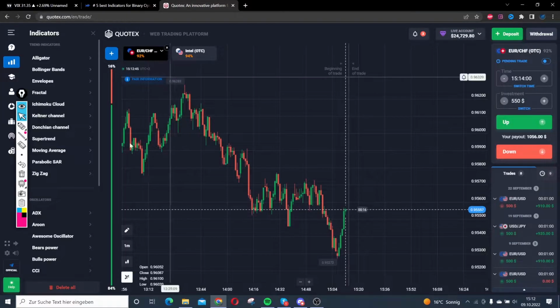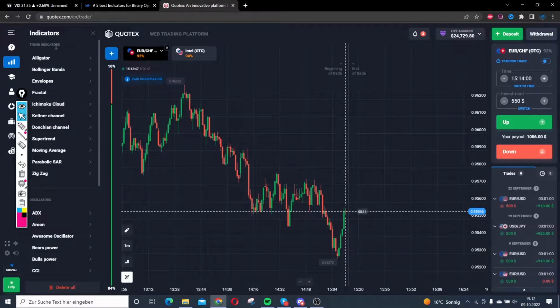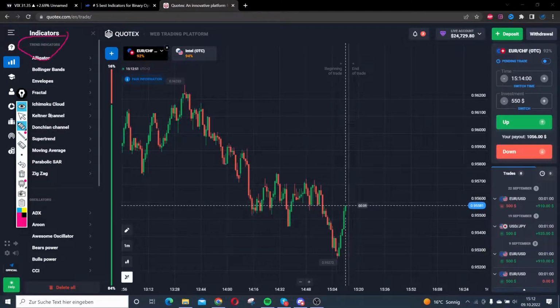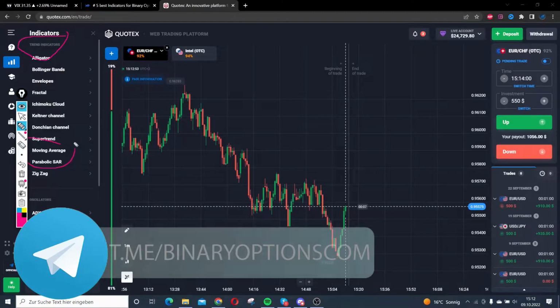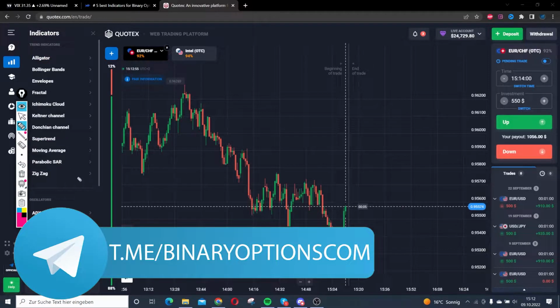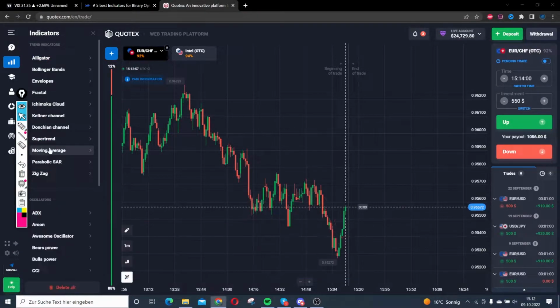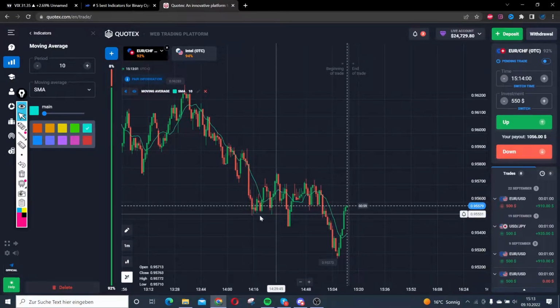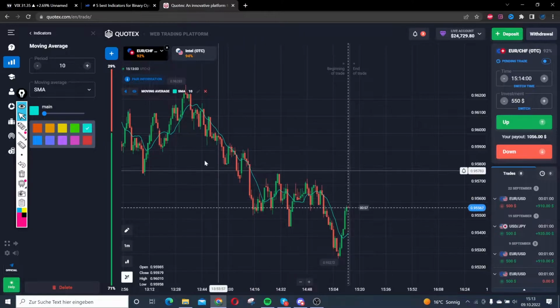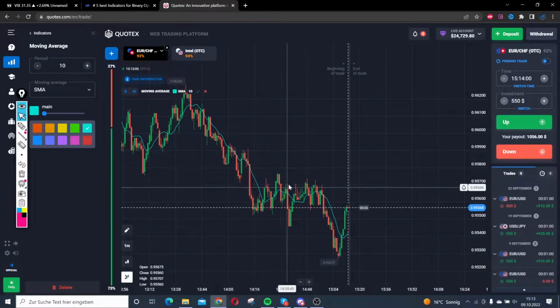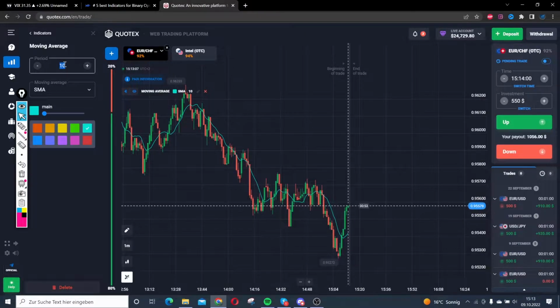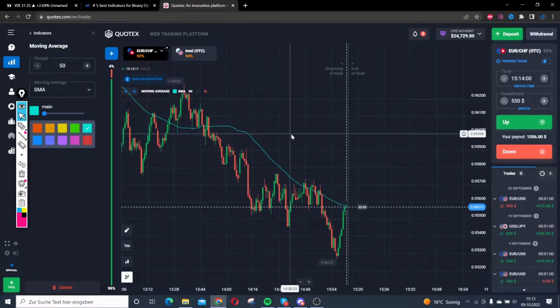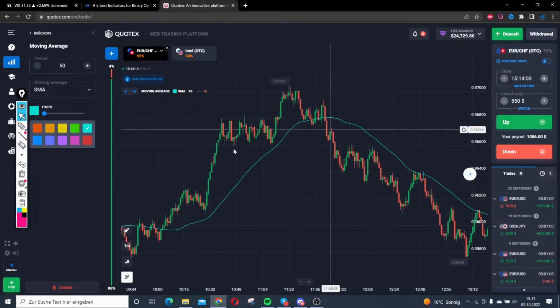This is a very typical indicator. If we go here, we also see on trend indicators, we have the moving average, and this indicator can show you a good overview of the actual trend. I use now the moving average with a period of 10, for example, and I can change the period here to 50, and then it analyzes the trend for me.